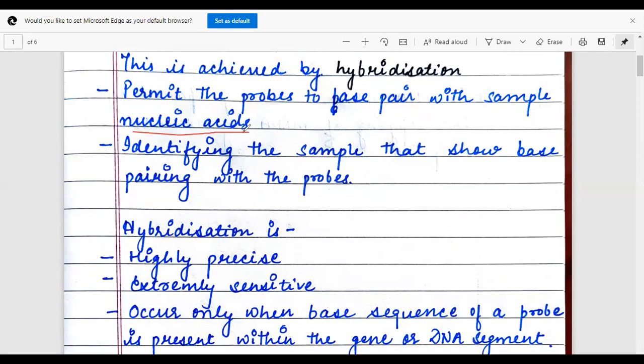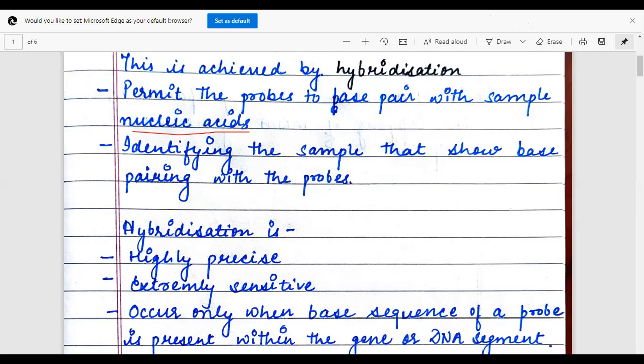This allows the identification of the sample that shows base pairing with the probes. This hybridization is highly precise and extremely sensitive.